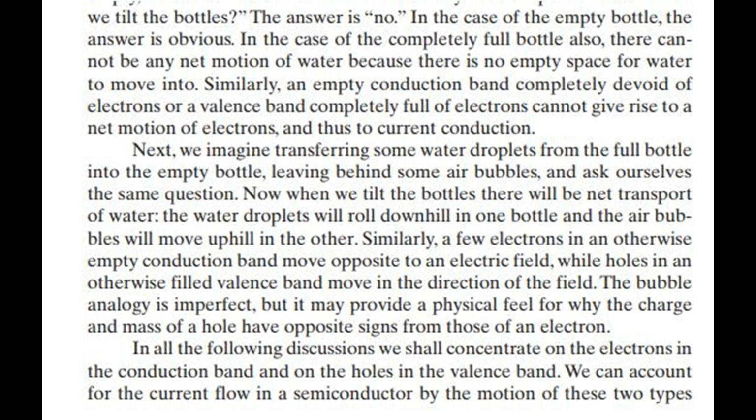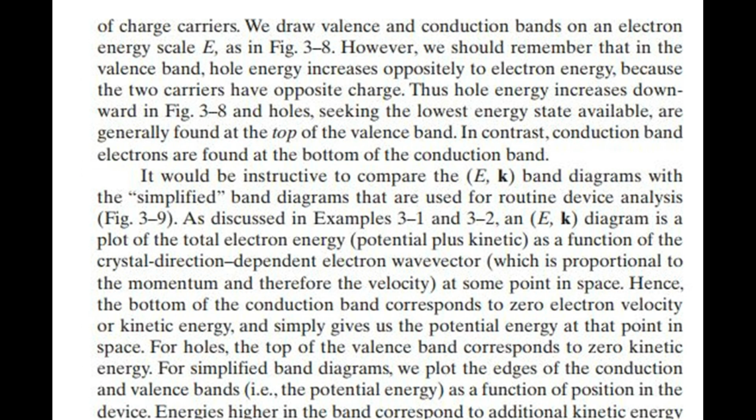In all the following discussions we shall concentrate on the electrons in the conduction band and on the holes in the valence band. We can account for the current flow in a semiconductor by the motion of these two types of charge carriers. We draw valence and conduction bands on an electron energy scale E, as in Fig 3.8.